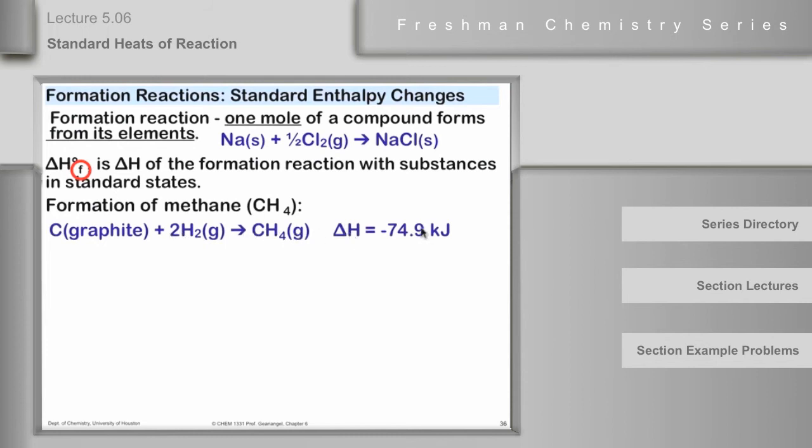The delta H for that is the delta H of formation of methane. And if it's done under standard conditions, we'll put the naught in there, and we'll put the F here to indicate that it is the formation, delta H of formation. Okay, so that's the relationship between delta H of formation and delta H of reaction. You have to have the right reaction. Questions on that? All right, good.